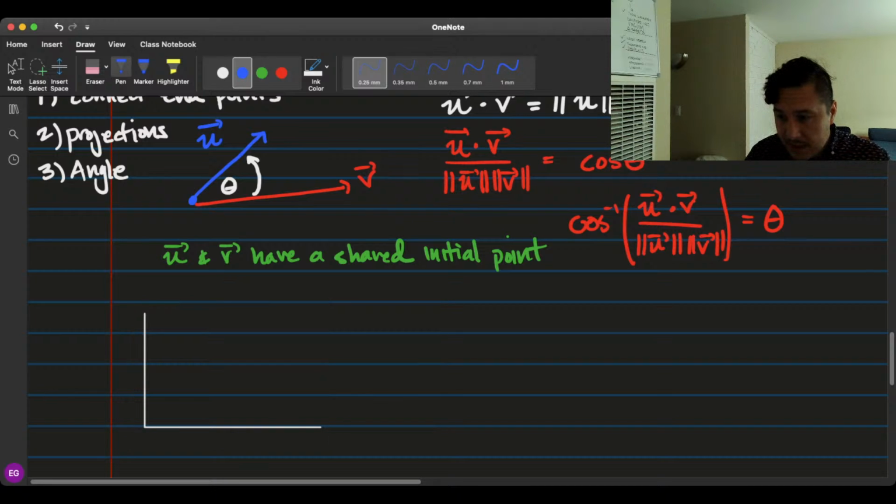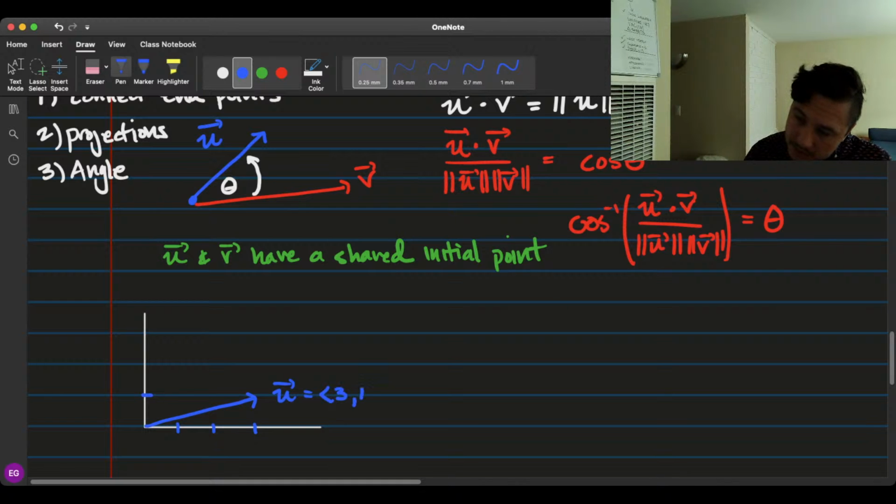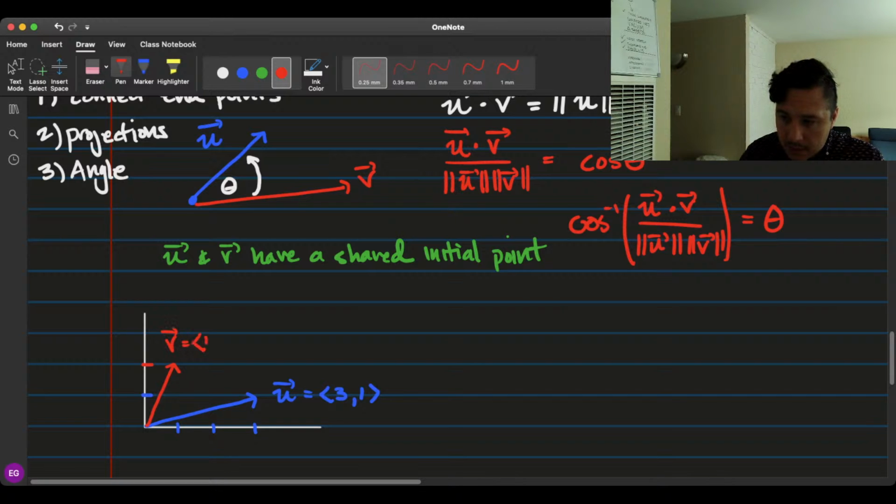Okay, let's say that one of your vectors looks like this. So the vector u is 3, 1. And the vector v is 1, 2. Okay, and you're interested in finding the angle between them.